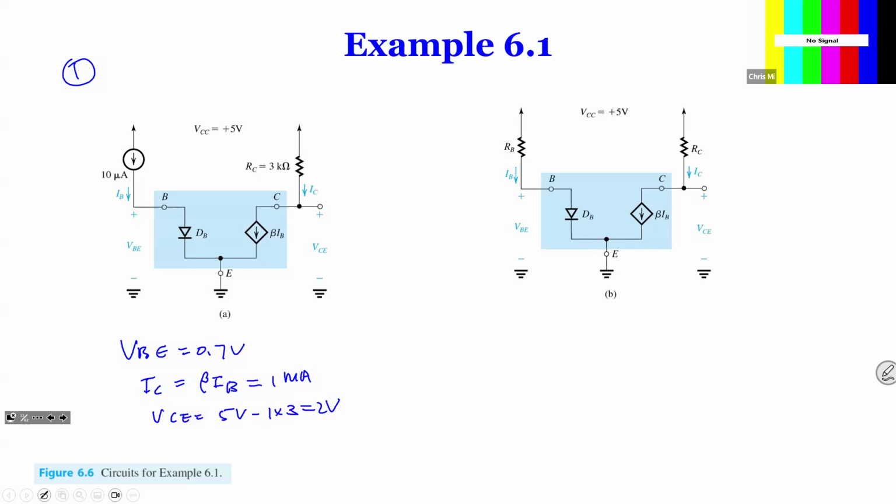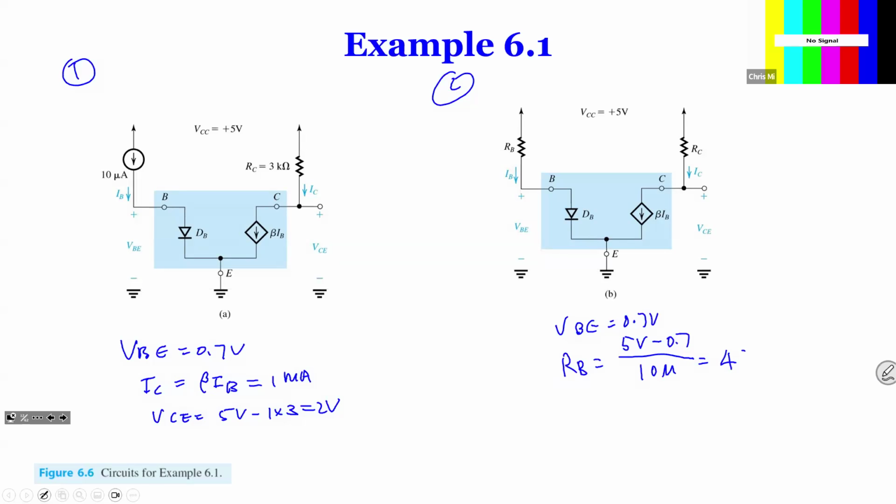And then on the second part, it's asking you for the resistance of RB. Now, in this case, because we assume VBE is 0.7 volts, our RB will be 5 volts minus 0.7 divided by IB, which is 10 micro.